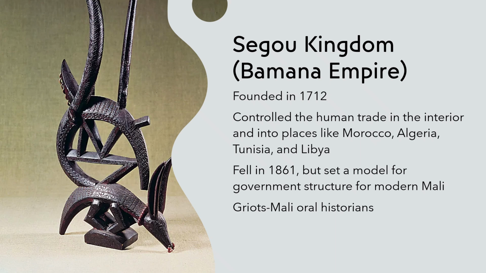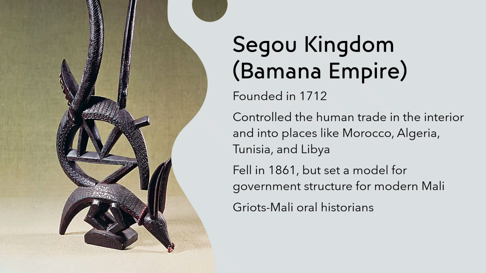So when we talked about the Doheme Empire, they're basically controlling that slave trade out of the west coast of Africa with the Europeans. This is going to be more of the slave trade that is going to be happening moving east into the Ottoman Empire, for example, and also out into the Swahili coast as well.